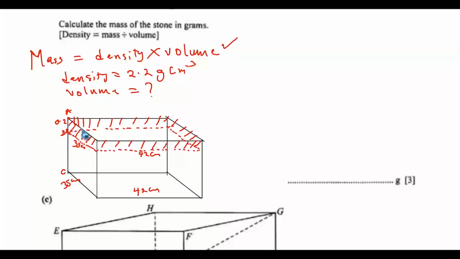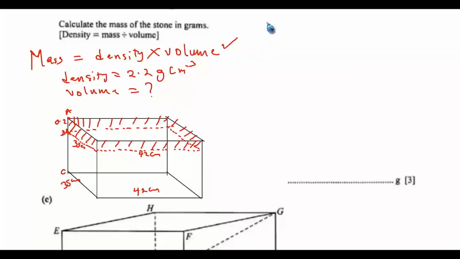The cross section is a rectangle with a width of 35 centimeters, and the height is 0.2. So the product of these two will give us the cross section area.